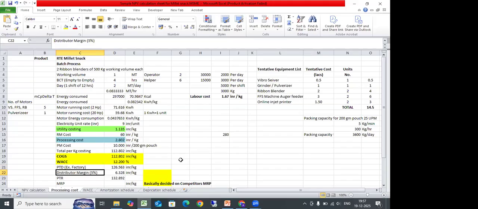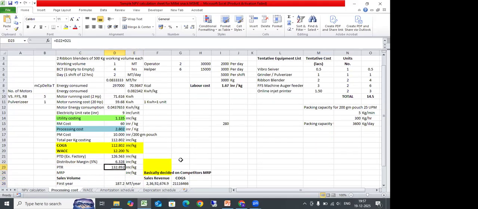It may vary from product to product, but I have taken 5%. 6 rupees added on it, and it goes to PTR, which becomes the price to retailer. The PTR comes to 133.